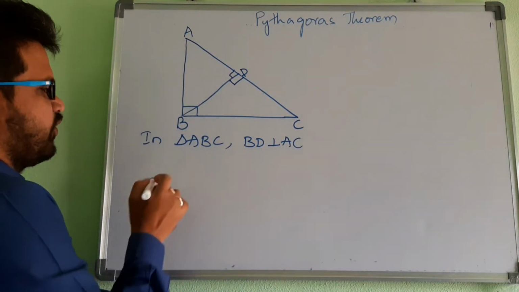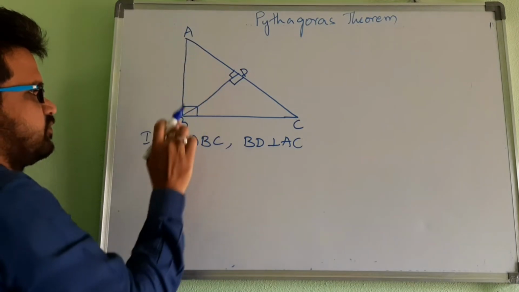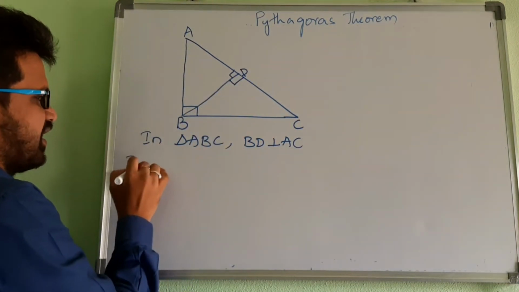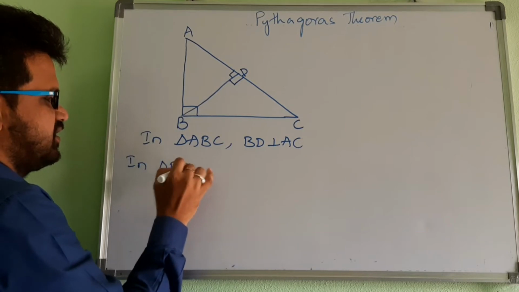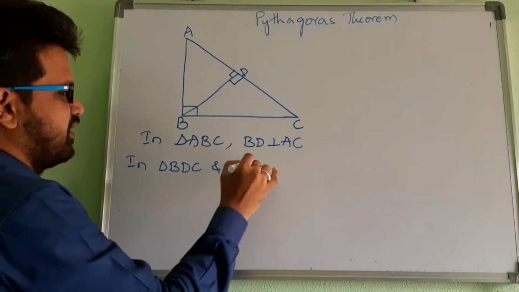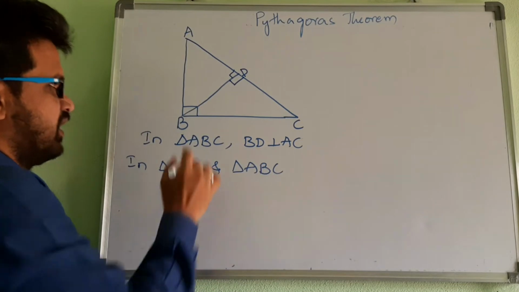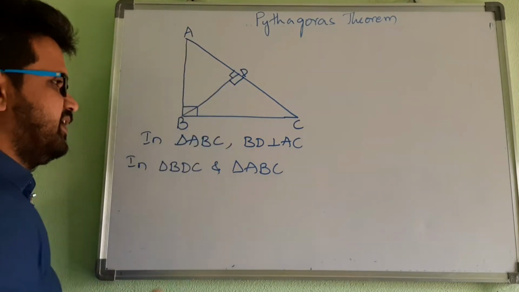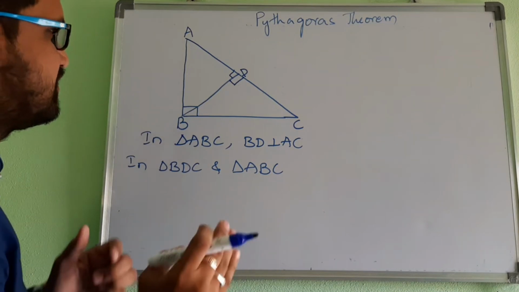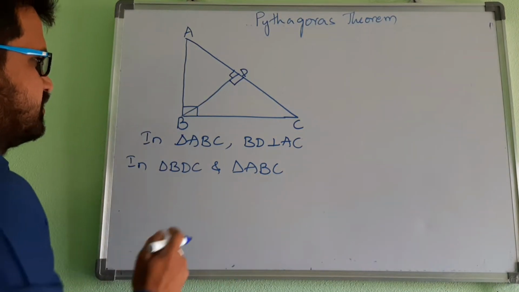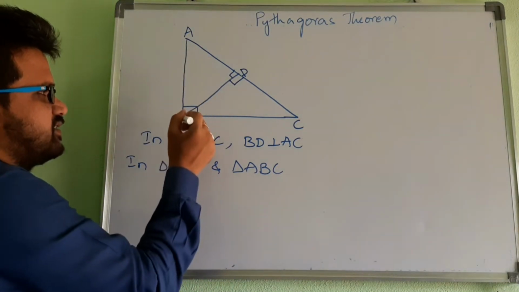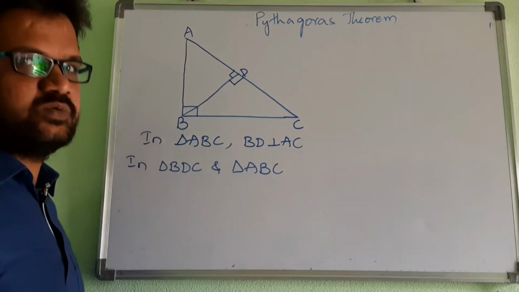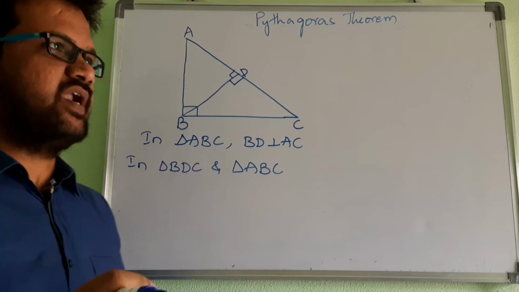So now I am taking first this triangle BDC. In triangle BDC and triangle ABC, these two triangles, let us write similar parts. First, in the smaller triangle, BDC and ABC, this is very easy to write the corresponding parts.